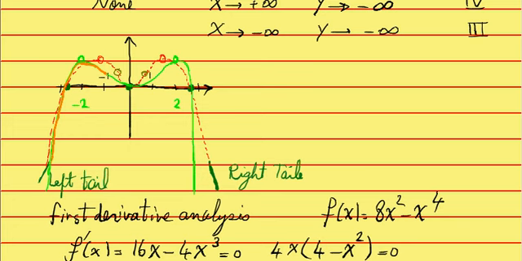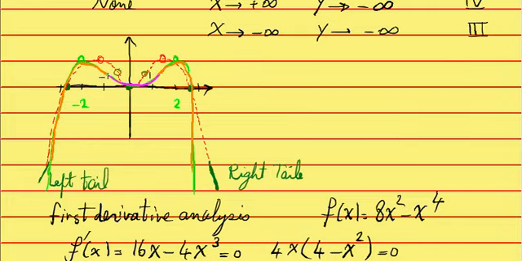For example, let's show it by this color. Then it's concave. So we need to know this purple region. Where is it that's concave up?